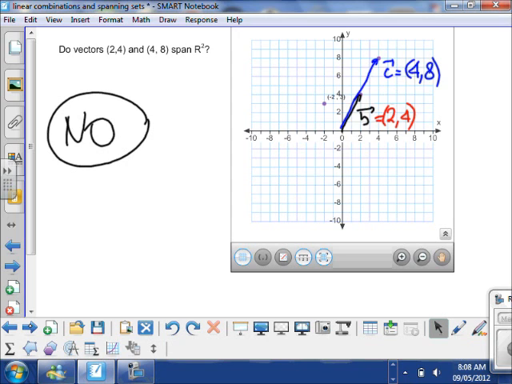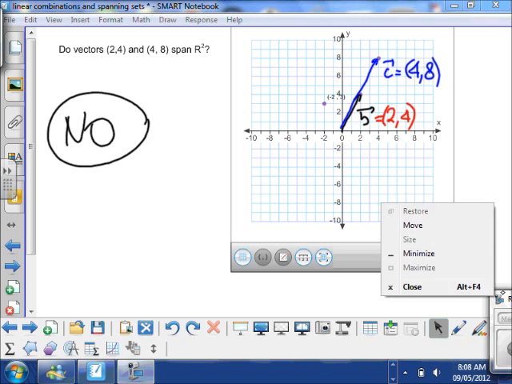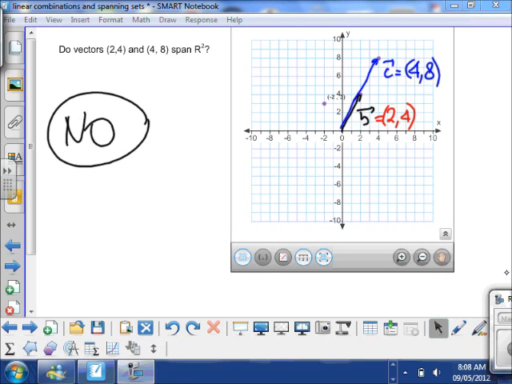You can try as hard as you want. What is the reason? The two vectors B and C are collinear, which means they are on the same line.